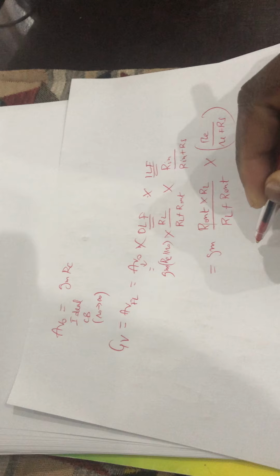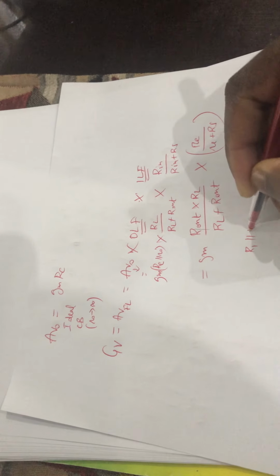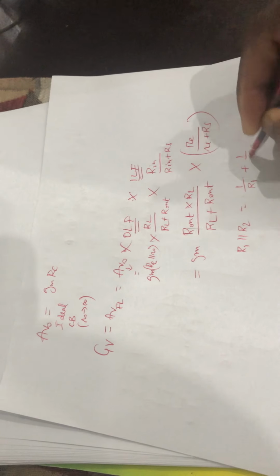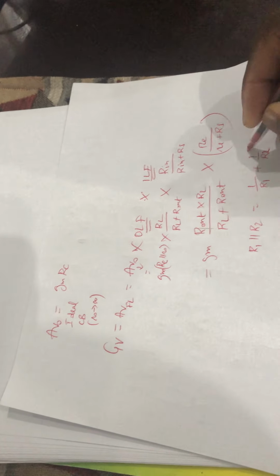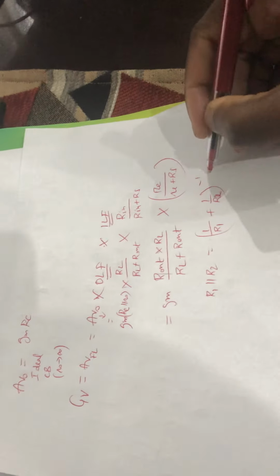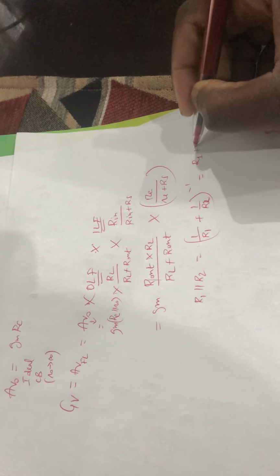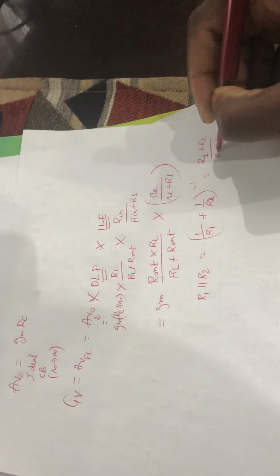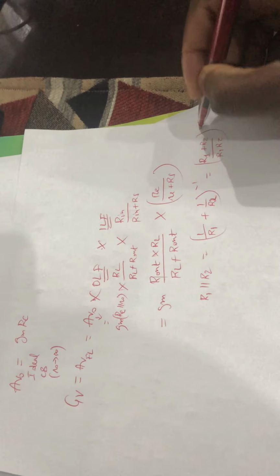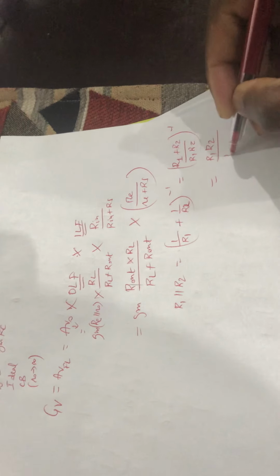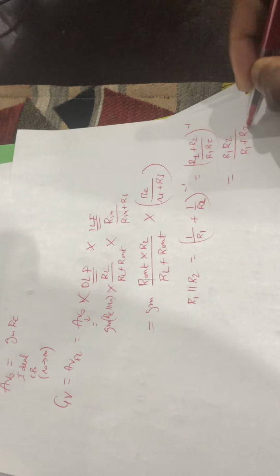Now, as we know, when we've got two resistors in parallel, they actually give 1 over R1 plus 1 over R2 to the power minus 1. If you develop this further, you put on the same denominator, you get R1 plus R2 divided by R1 R2 to the power minus 1. That normally leads to the product of the two resistors over their sum, which is exactly what we have here.